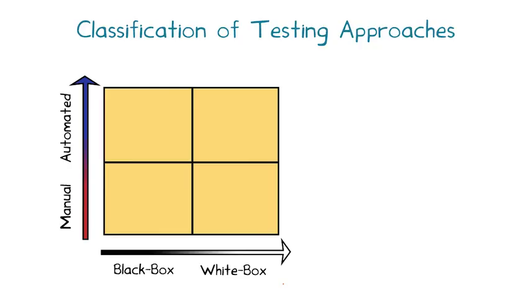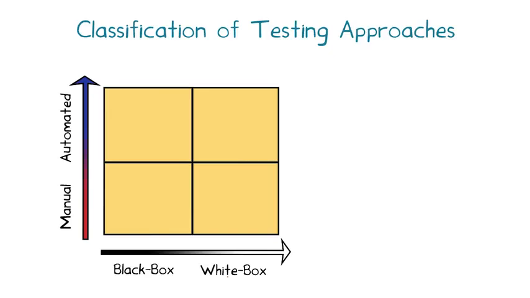Testing approaches need not be strictly black box or white box. Some internal details may be available to the tester while others remain hidden. These sorts of testing approaches are called gray box approaches. Similarly, testing approaches need not be fully manual or fully automated. It is better to think of these axes as continua instead of as discrete categories.